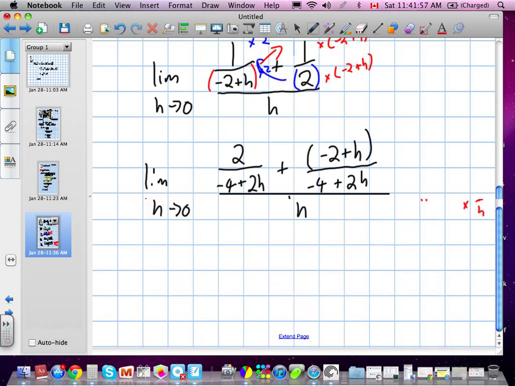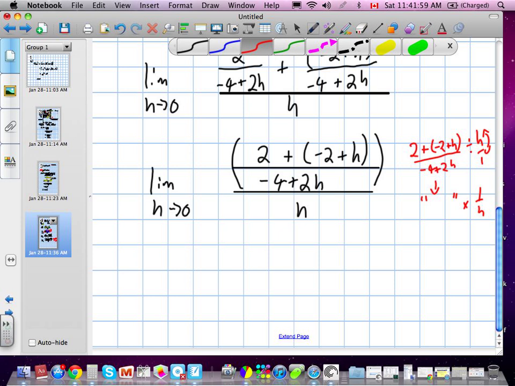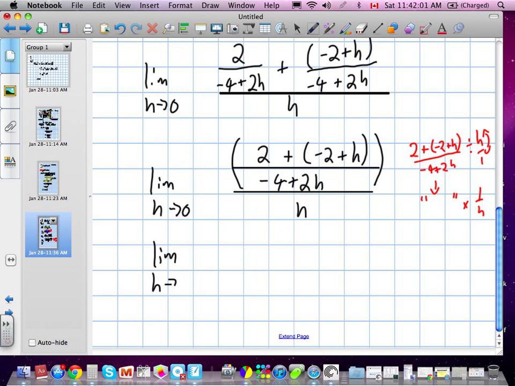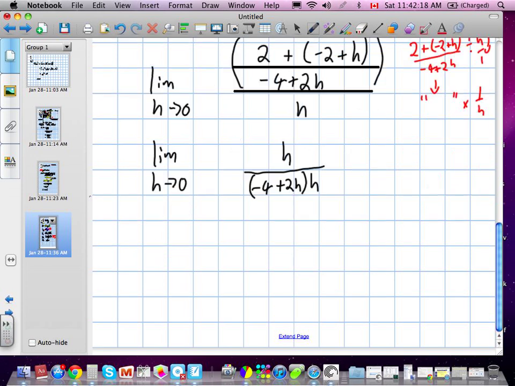On top, you're going to get 2, so we get h divided by negative 4 plus 2h times h, because of when we inverted that function. We're then going to have h divided by negative 4h plus 2h squared.